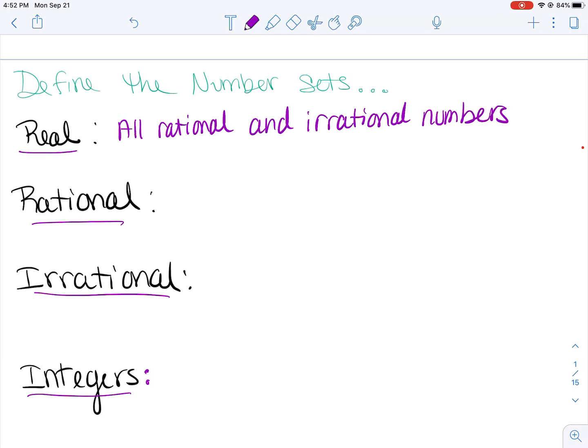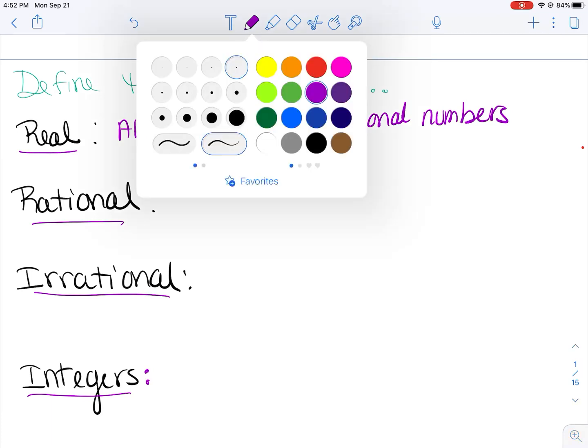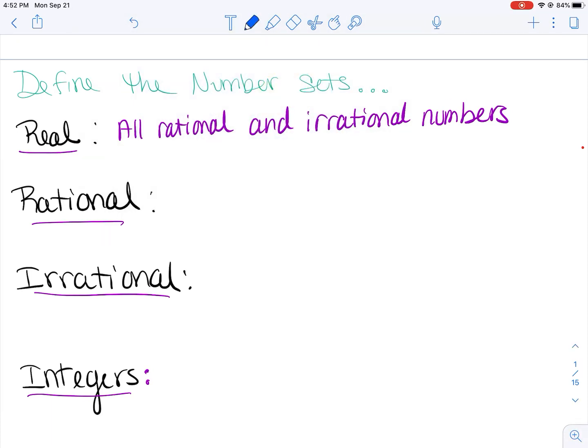And like we said, it's essentially every single number you've ever come to know, okay? Then they're split into two components, rational versus irrational. So the shorthand way to think of a rational number is any number that can be written as a fraction.